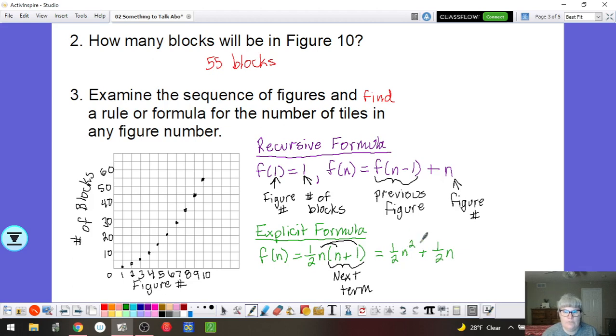This power of 2 tells me that what we have is a quadratic pattern. So a curve that looks like this has a quadratic pattern. Our explicit formula has a quadratic pattern.